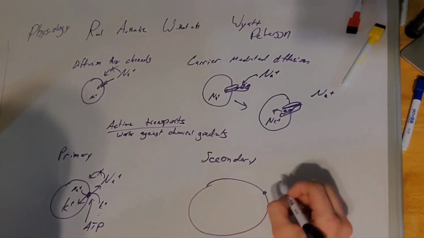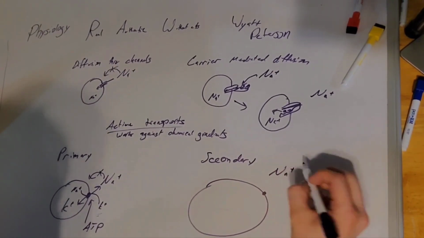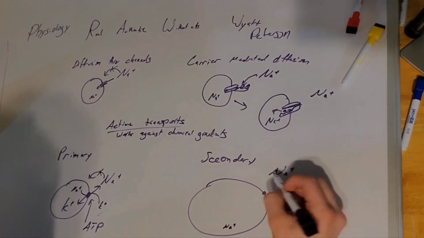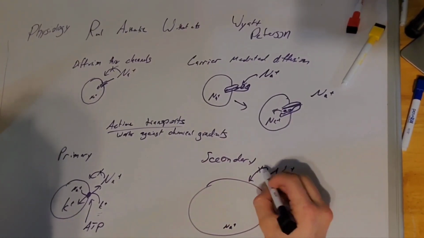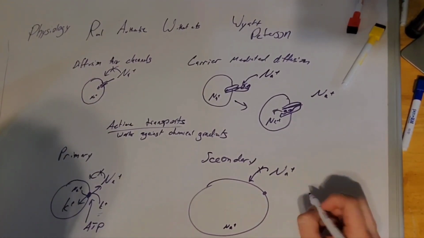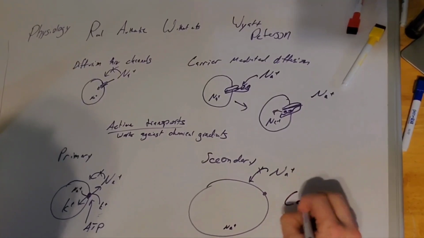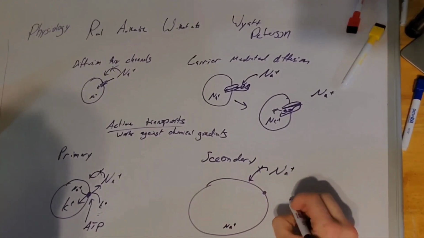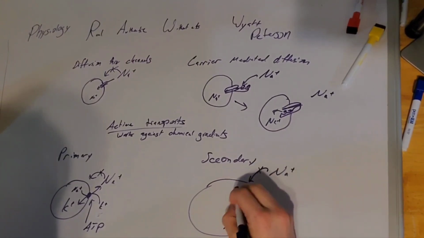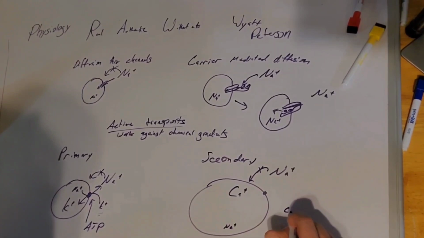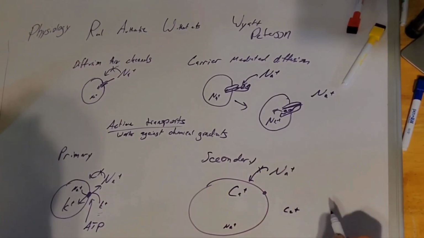So we got a cell, Na highly concentrated outside, Na low concentrated on the inside. So this one really wants to go in, but it can't. And let's see, we'll use calcium because calcium's going to be low concentrated. Well, I guess we could just say high concentrated on the inside, then low concentration on the outside.